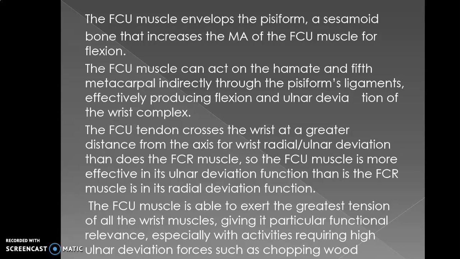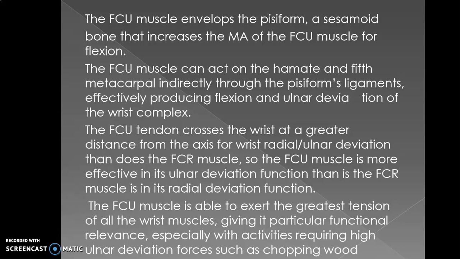Here, the flexor carpi ulnaris muscle envelops the pisiform bone, which is a sesamoid bone that increases the moment arm of the flexor carpi ulnaris muscle for flexion. The flexor carpi ulnaris muscle can act on the hamate and the fifth metacarpal indirectly through the pisiform's ligaments.